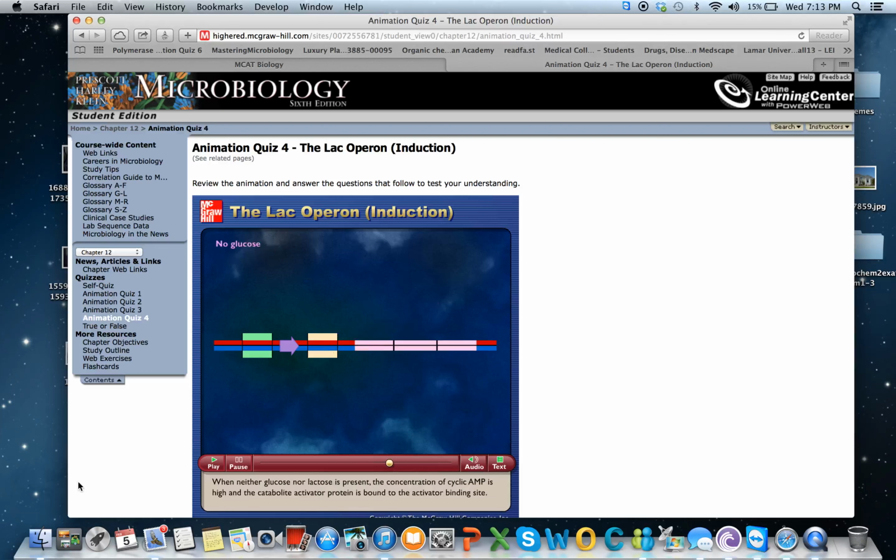When neither glucose nor lactose is present, the concentration of cyclic AMP is high, and the catabolite activator protein is bound to the activator binding site. RNA polymerase can bind to the promoter, but it is blocked by the repressor on the operator site. When glucose is absent and lactose is present in the medium, cyclic AMP is present and binds to the catabolite activator protein, which in turn binds to the activator binding site and facilitates transcription. Lactose binds to the repressor and prevents it from binding to the operator site.